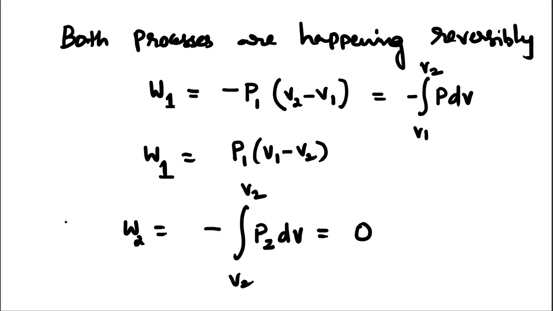Therefore, what is the total work done in the path 1? That is work in the process 1 and work in the process 2. Let's say W1 is equal to the work done in the process 1. How much is that?